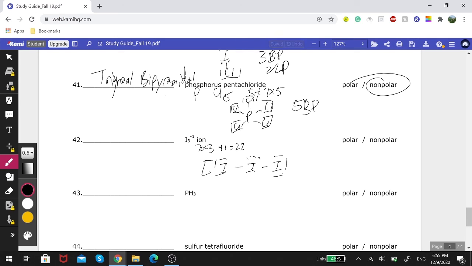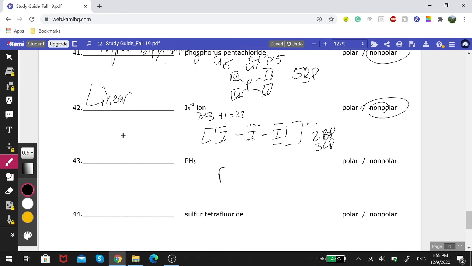Let me draw this better. So 22, and this will be nonpolar since all the dipoles in this one cancel out. So 2 bonding pairs and 3 lone pairs make it linear.